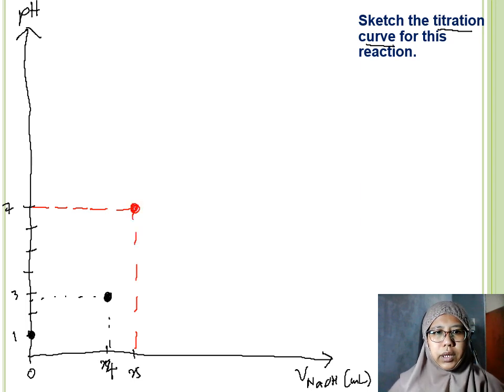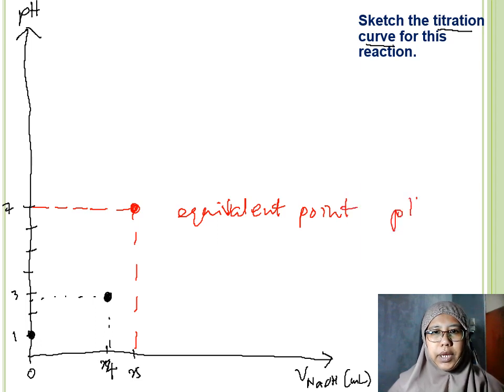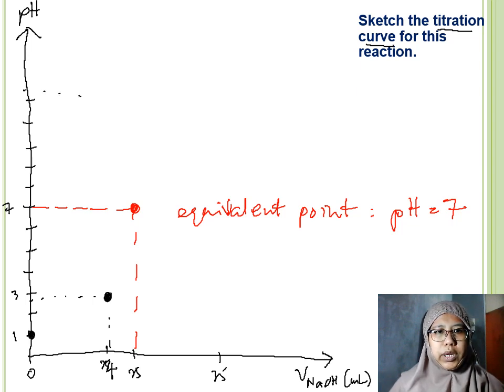This is the equivalence point whereby the pH is equal to 7, and then at 35 we have 8, 9, 10, 11, 12, 12.23. That would be here somehow.